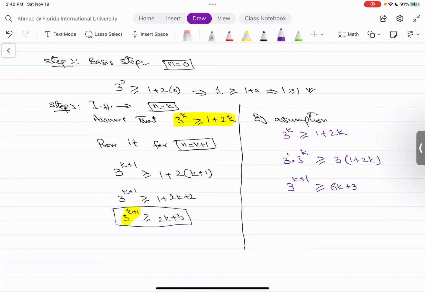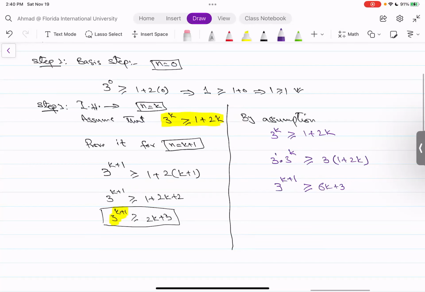Now, since I know that 6k is greater than 2k, that is for sure, I can simply replace or substitute 6k with 2k.